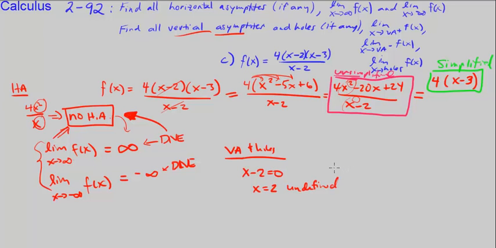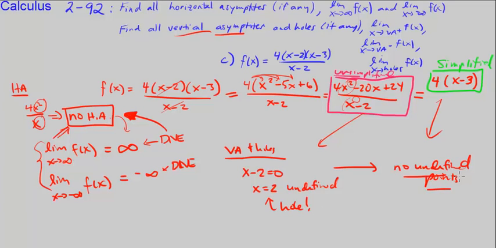But when we simplify, we have no undefined points. This means it is not a vertical asymptote, it is a hole, because there are no undefined points after we simplify.